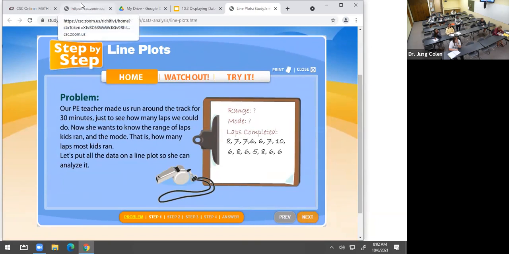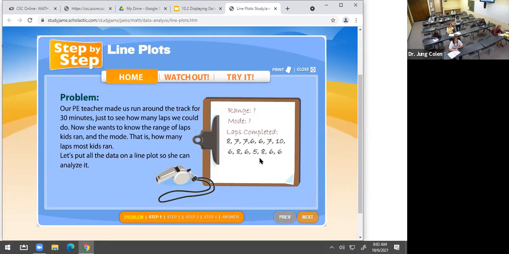Okay, it talked about range and mode, but we didn't learn range or mode yet, right? But some data like this dot plot or any other data can give you the range and mode too. All of the graphs can give you the range and mode.